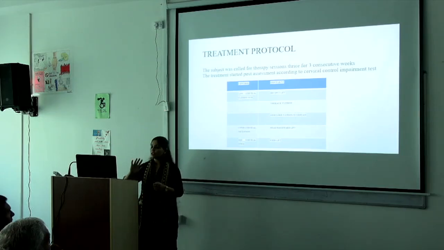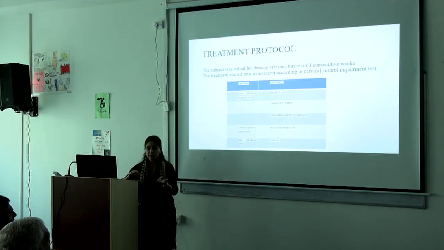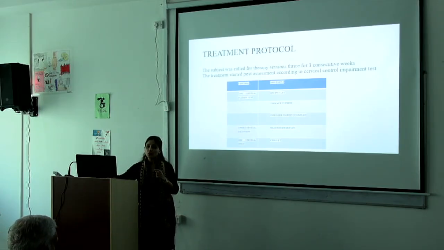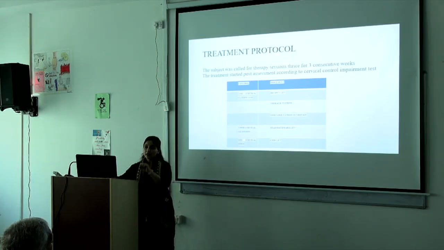So whenever a patient is coming to me with a forward head posture, I know one thing, that the patient will be having tight upper cervical as well as the tight cervicothoracic joint, but there was increased movement in the mid-cervical region. Right? So that was my cervical control impairment test in which I have localized what was the issue with the patient.